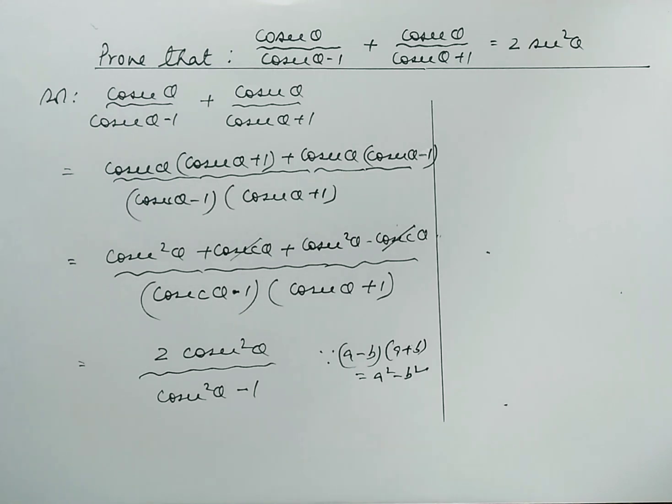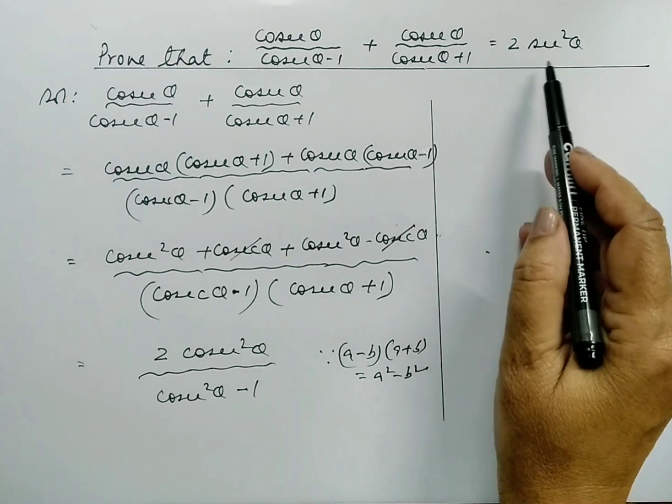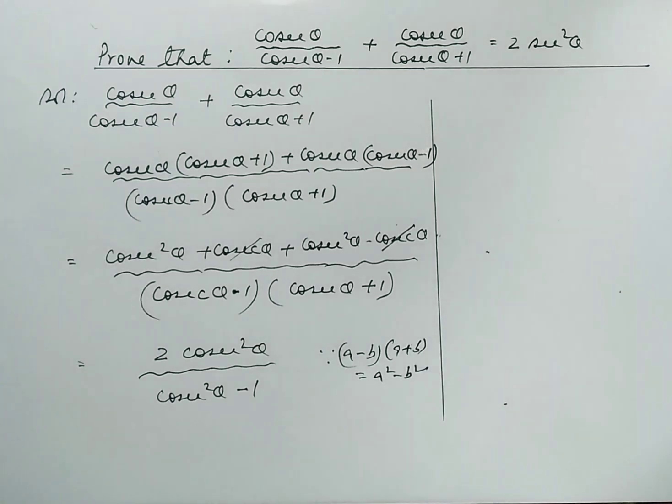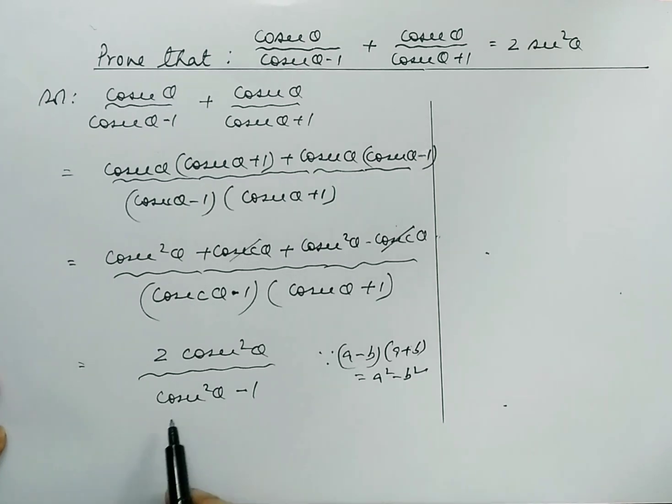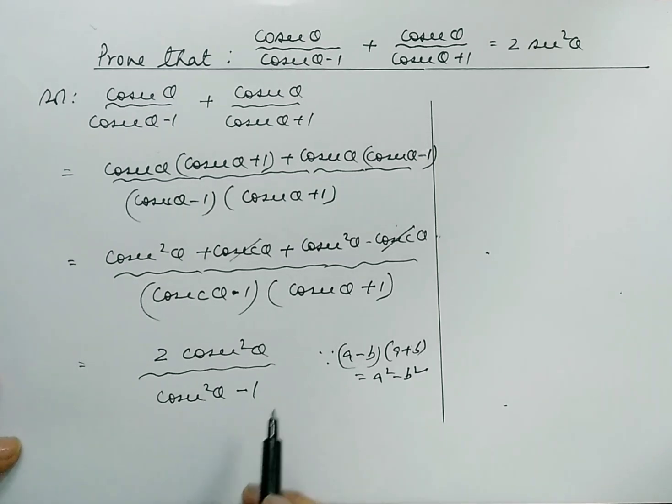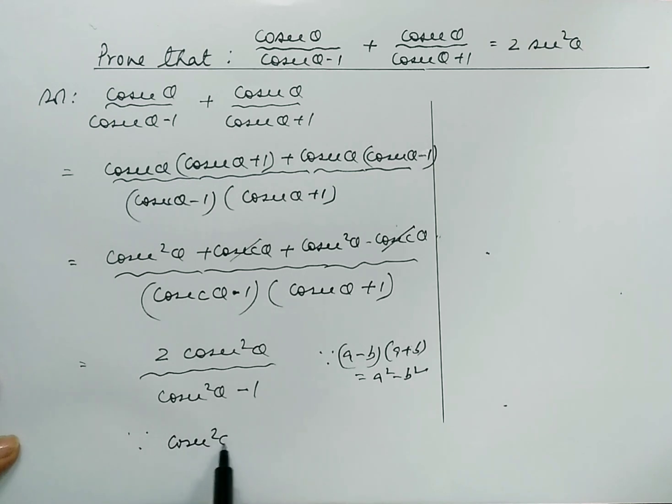So what next? We have to be heading towards 2 sec square theta, alright? So here what we can see is that as per the identity, we know that cosec square theta minus 1, so let me first write over here, since cosec square theta minus 1 is equal to cot square theta, right?